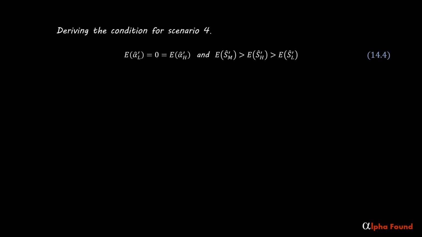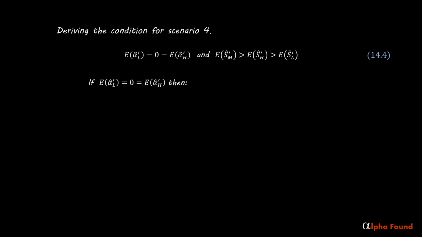Let's look at scenario 4, which is the scenario of the capital asset pricing model. The order of the expected Sharpe ratios is the same, but now the expected alphas are equal. To get the same order of expected Sharpe ratios, you need only review condition 3. Now we have to find the condition for equivalent expected alphas, which means 0 alphas.